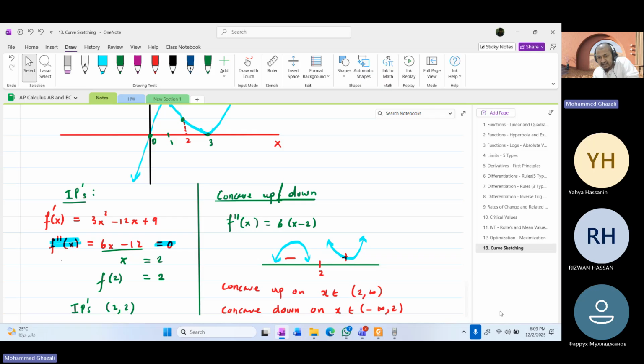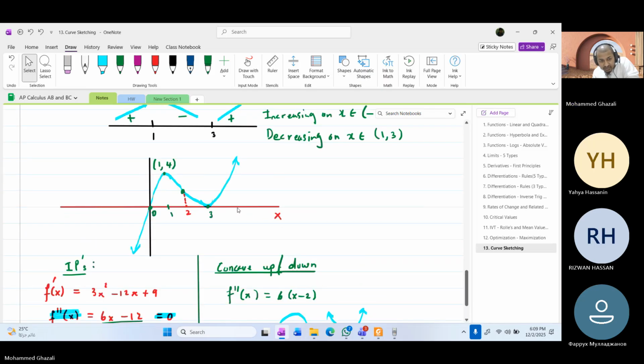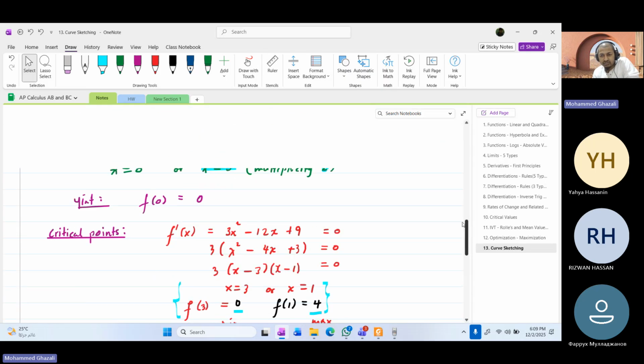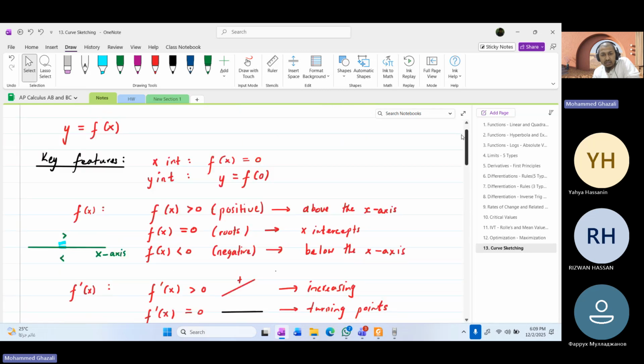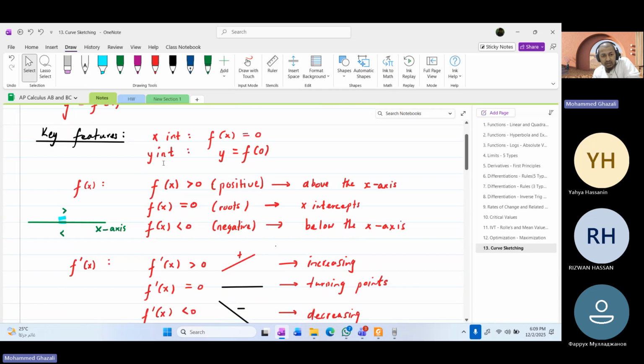Because sometimes you want to find the length of the curve, from 1 to 2, or from 2 to 3, or from 3 to 5. Then we can actually find it if the graph is sketched accurately. With pre-calculus, you can't sketch the graph accurately because in pre-calculus, all you have is key features: x-intercept, y-intercept, and when the graph is positive and negative.